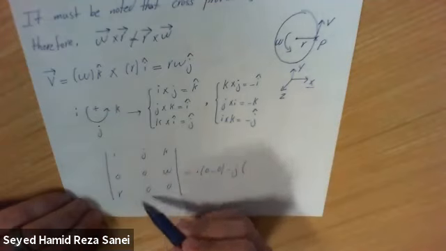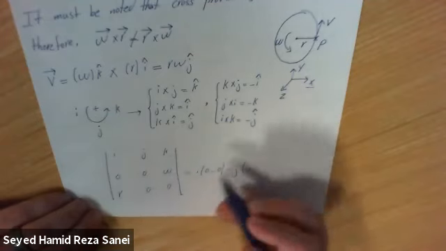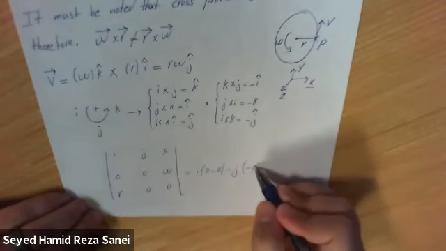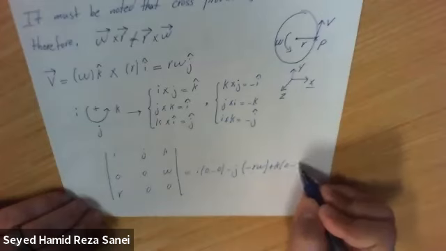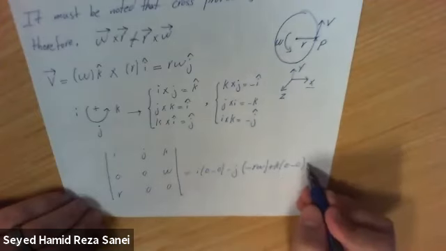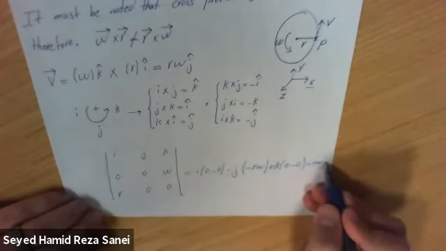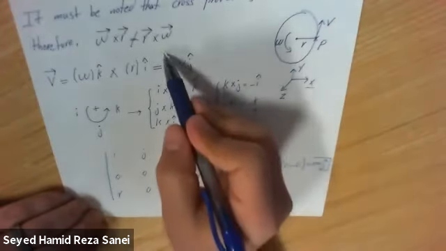If I remove the second column and the first row, it would be 0 minus R omega. And k would be 0 minus 0. So that's the only component that we have, negative, negative, so it would be R omega j, which we already found over there.